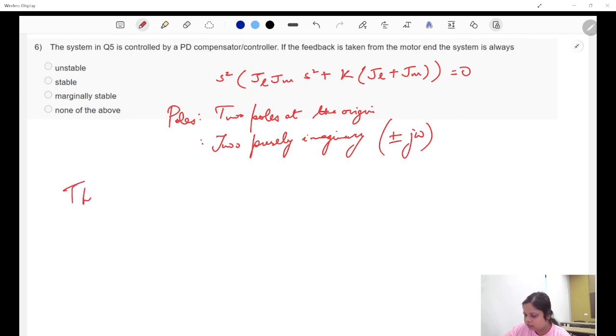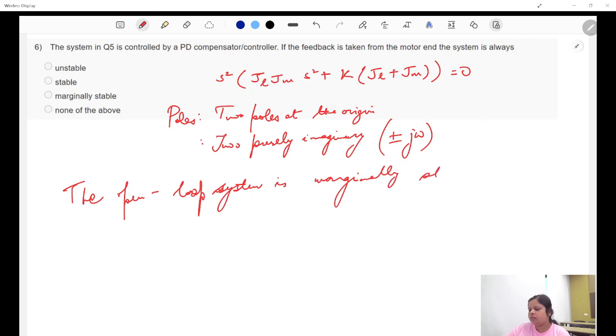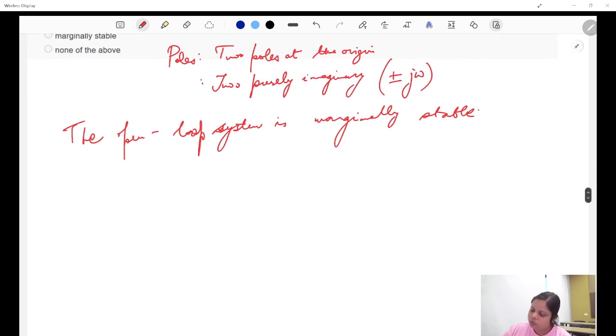The open loop system is marginally stable because no roots lie in the right of the S-plane. Now let's add a PD controller. What would happen?